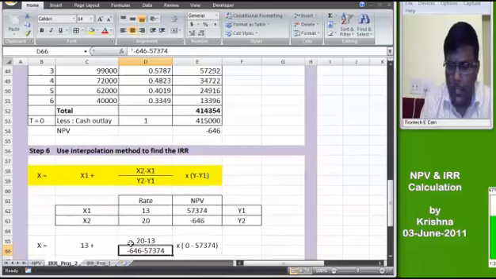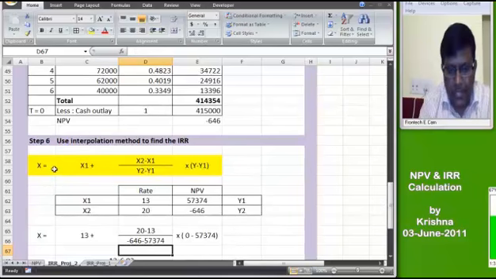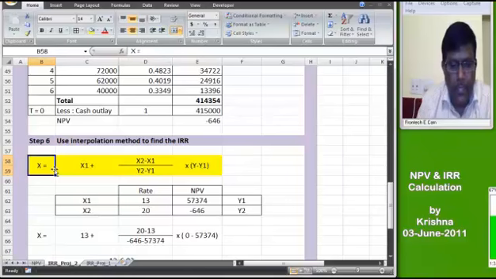For this we have to use the interpolation formula. Before using it, please try to understand the formula clearly. X equals the IRR we are going to find. X1 is the smallest discount rate, that is the 13% we used.